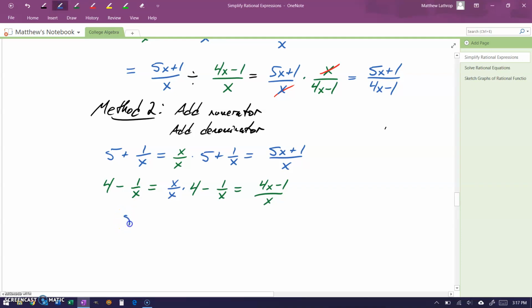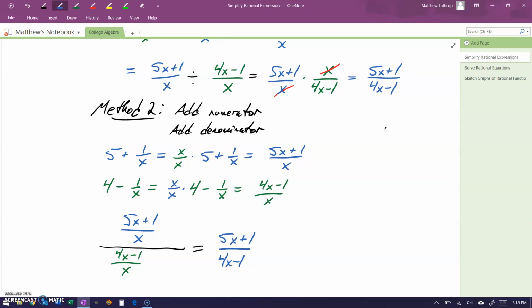Now we can merge all of this together as 5x plus 1 over x all over 4x minus 1 over x, and then essentially apply exactly the same approach we did above, which would get us to 5x plus 1 over 4x minus 1. So again, the two approaches really just differ in how we attack the top half and bottom half of that rational expression.